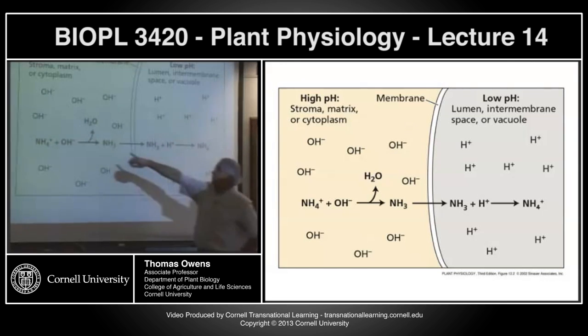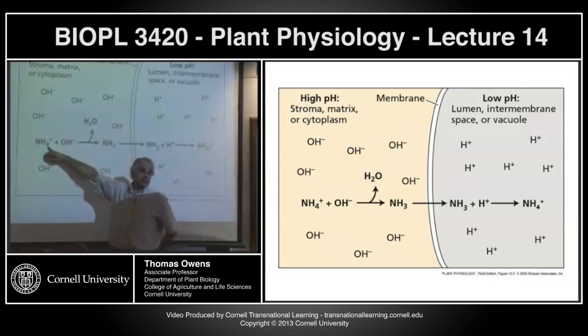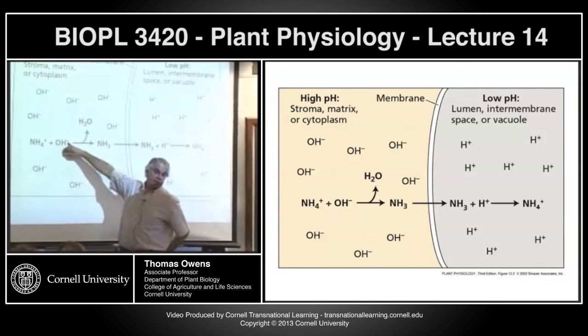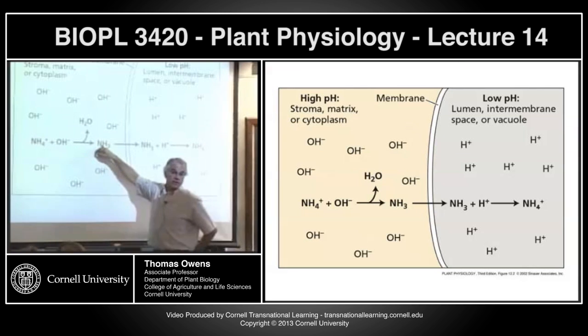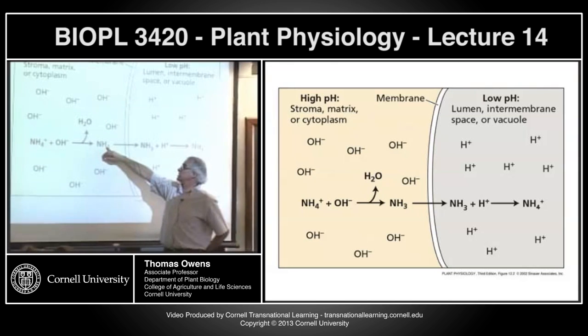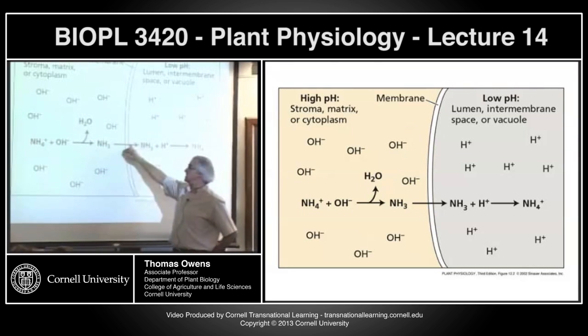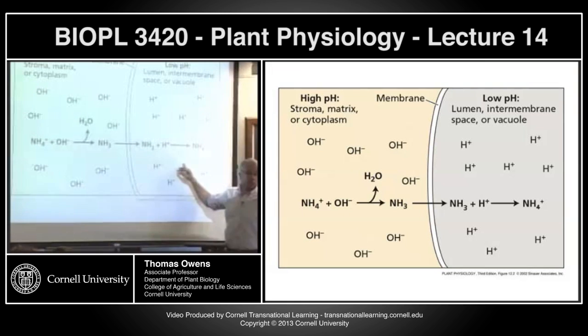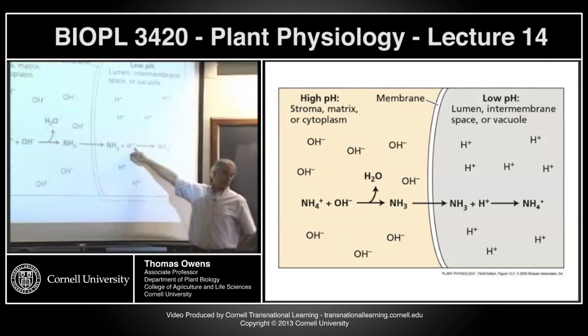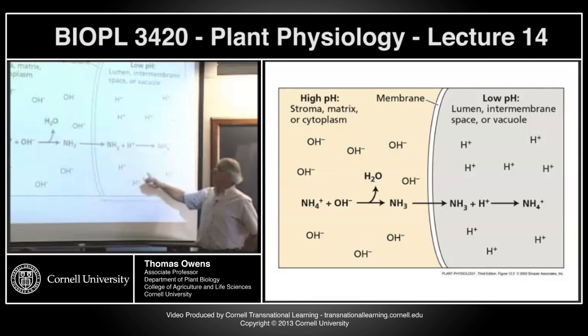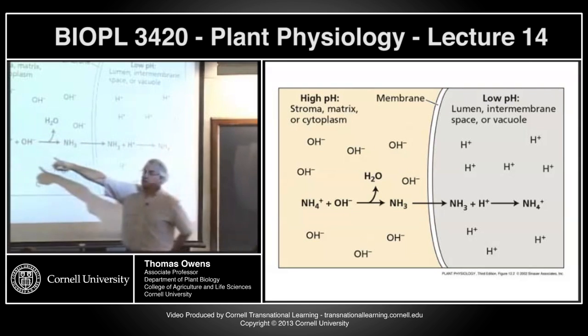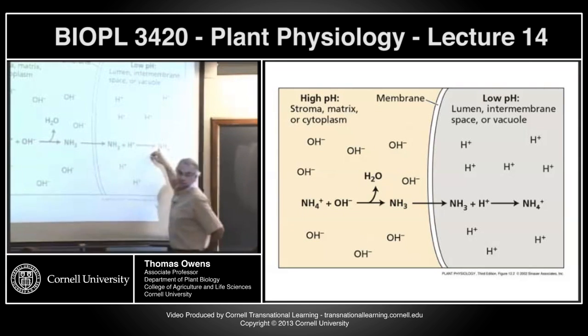But if you have ammonium ion in a high pH region, it tends to deprotonate, forming ammonia gas. And that ammonia gas can easily diffuse across the membrane into a low pH region where it picks up a proton. Right? So we started off with ammonium on this side. Now we've got ammonium on this side.